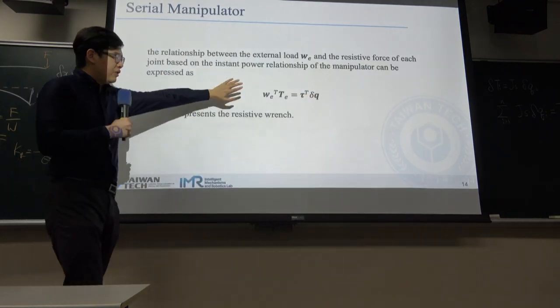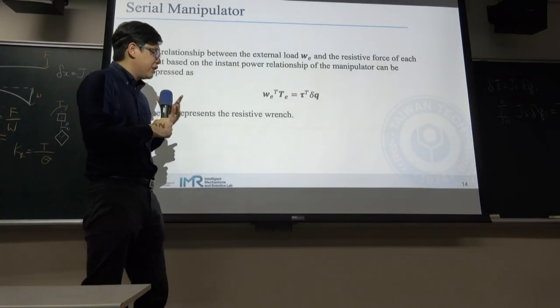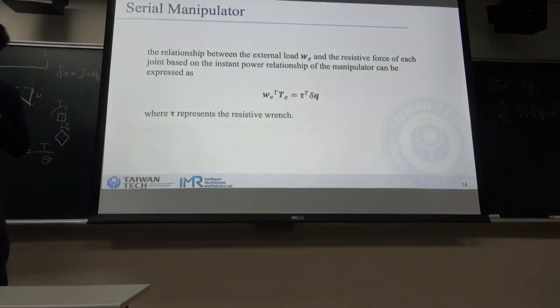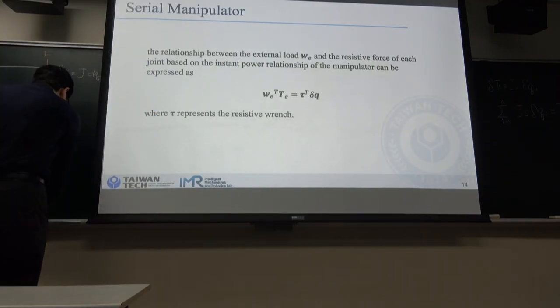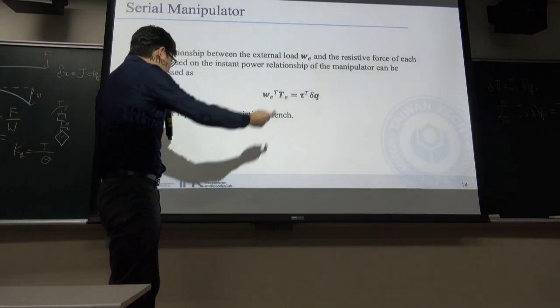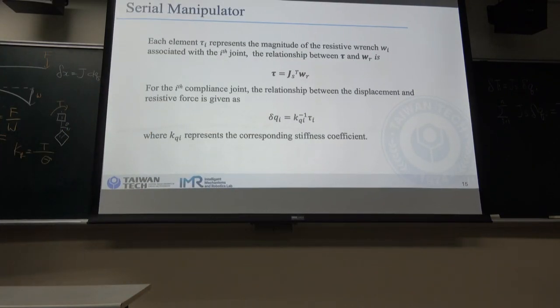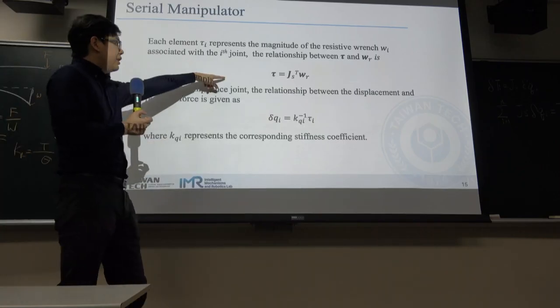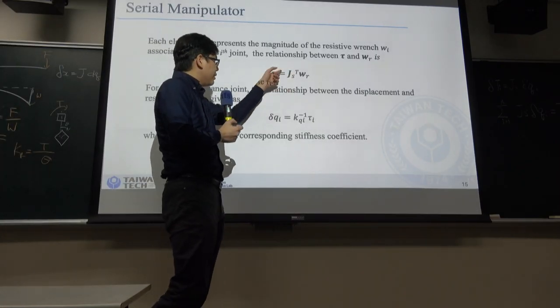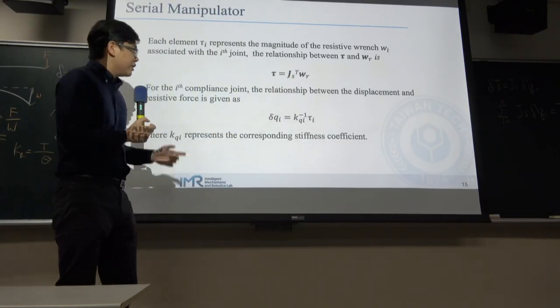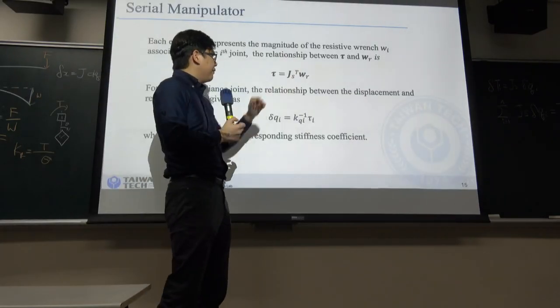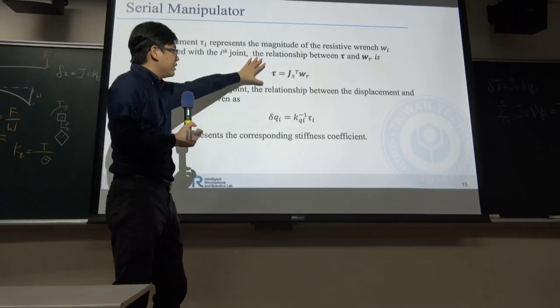So this equation is the same as before. It's the same equation. So the torque equals the Jacobian transpose times F. So this is the static equation.